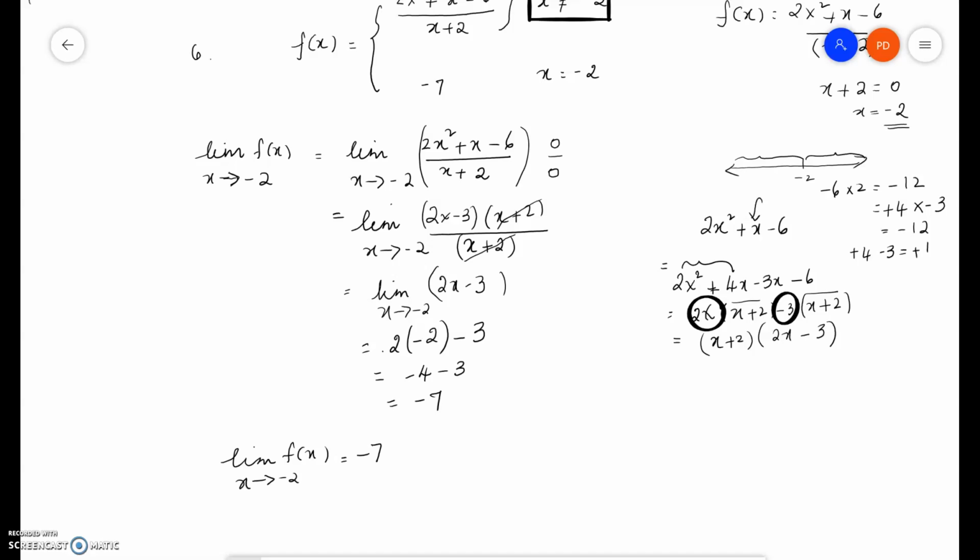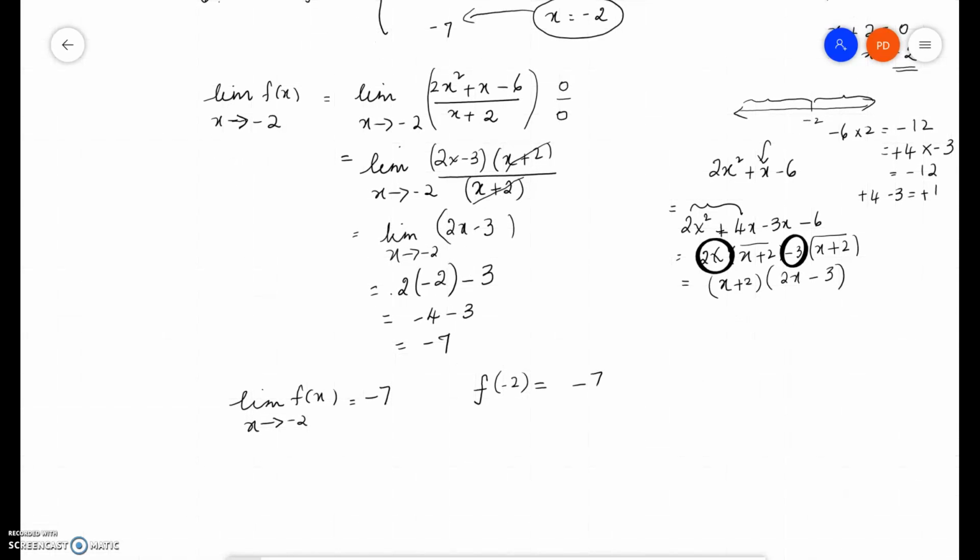So the value of the limit of the function as x approaches negative 2 is equal to negative 7. The value of the function, if we plugged in negative 2, by the definition of the function, is equal to negative 7. By definition of continuity, the function is continuous at x equals negative 2 if the limit of f of x as x approaches negative 2 exists, which means it's equal to a number, the function itself exists at negative 2, and finally both have to be equal.